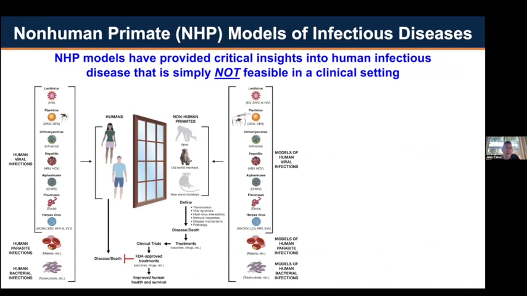We often utilize non-human primate models as what we refer to as a window into infection in people that are living with infectious diseases. We feel that non-human primate models have really provided key insights into human infectious diseases that are simply not feasible in the clinical setting.